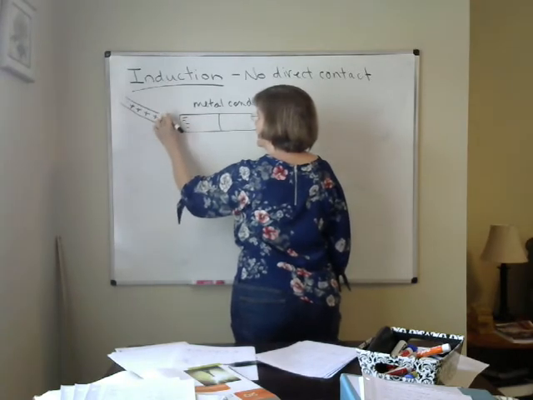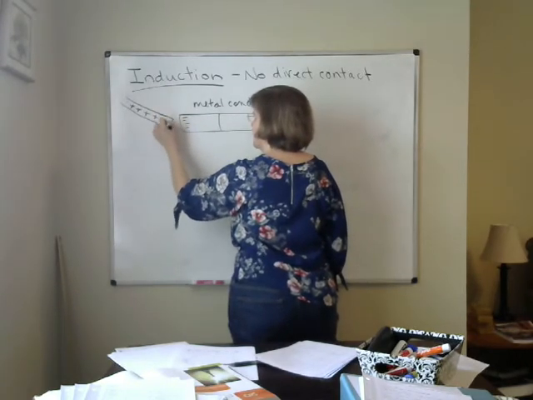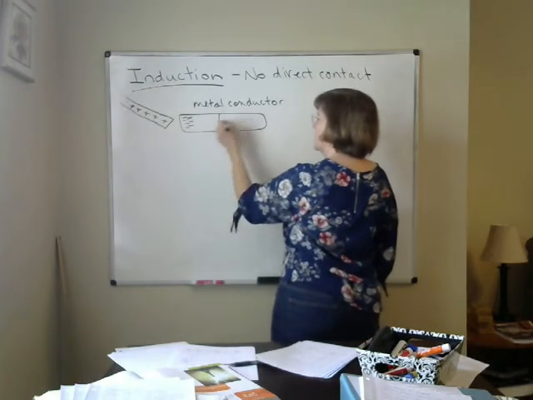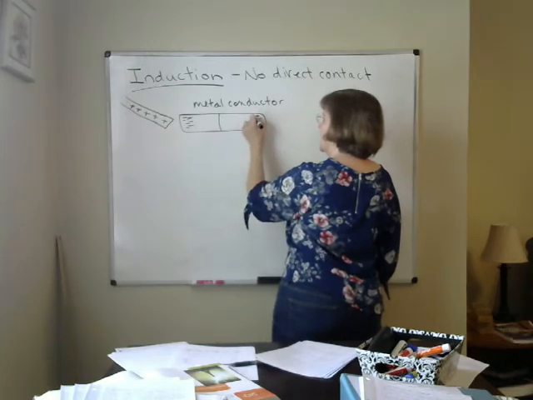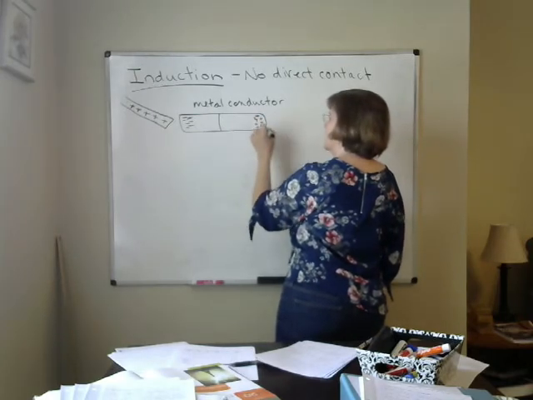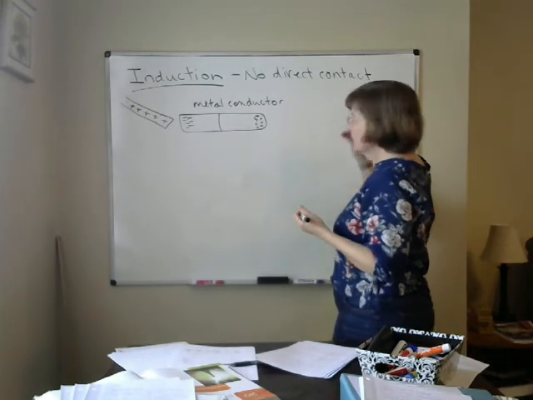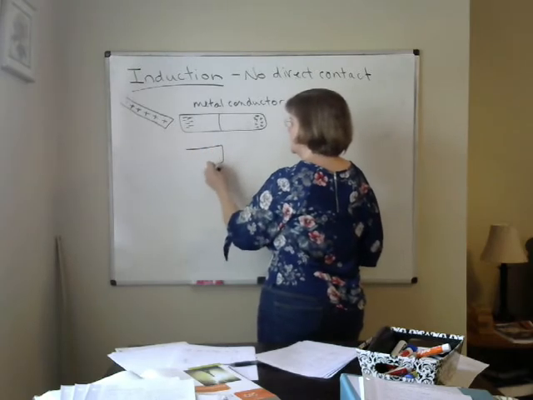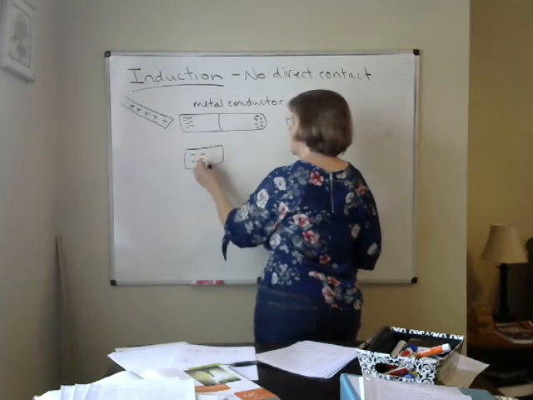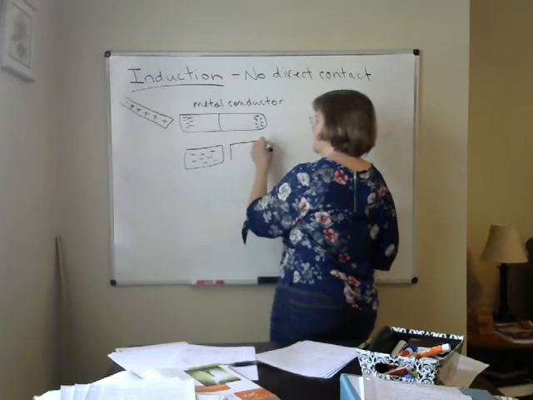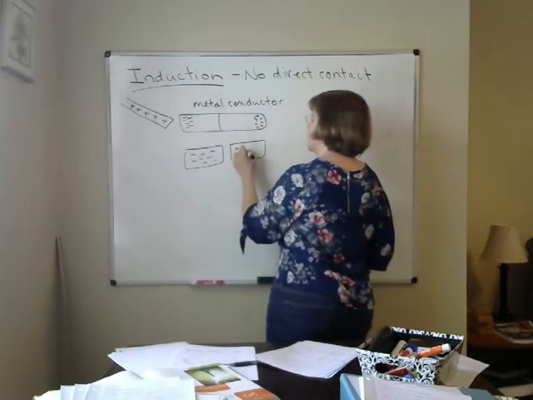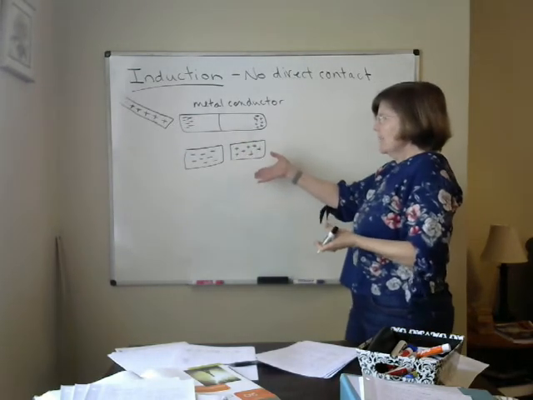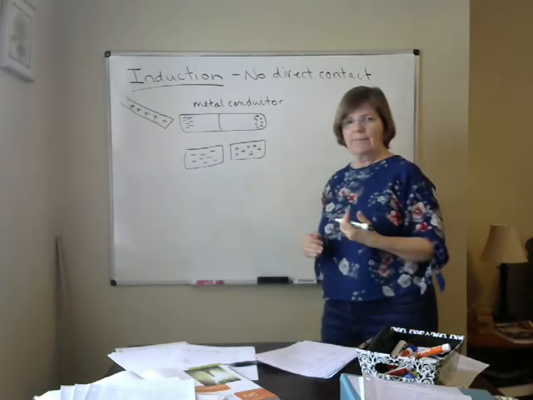When you bring something close, this side becomes negatively charged, and this side will have an equal amount of positive charge. Basically, the charge just separates and the negative electrons flow over here. If I suddenly separate those two pieces, this piece has a negative net charge, and this piece has a positive net charge. So I managed to charge both pieces of metal, but I didn't actually touch them.